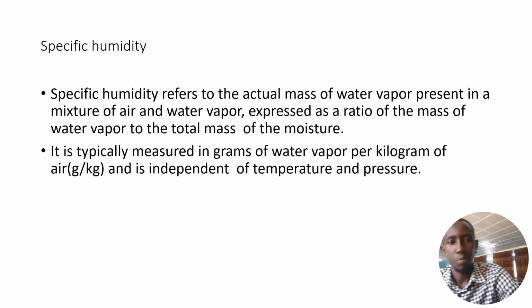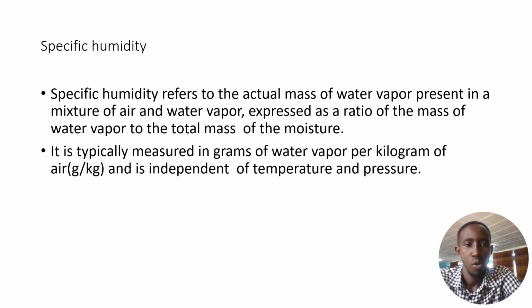which is specific humidity. Here, specific humidity is the actual mass of water vapor present in a mixture of air and water vapor. It is expressed as a ratio of the mass of water vapor to the total mass of the moist air.